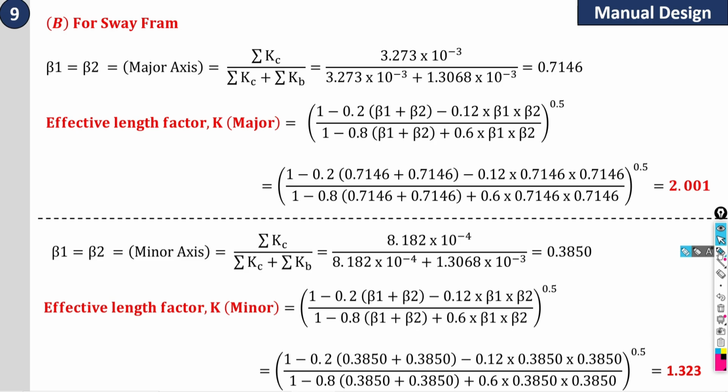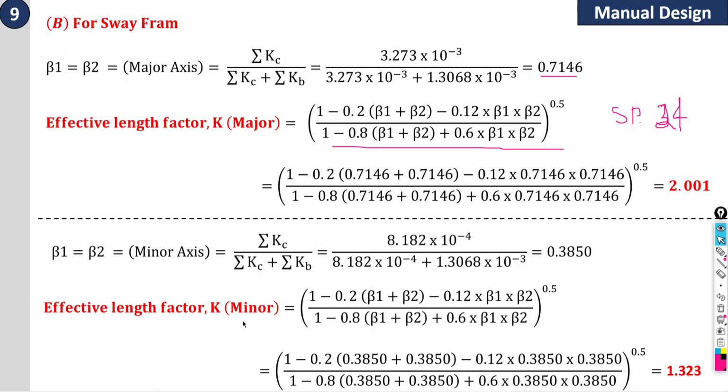Okay, so after doing this calculation, we are getting the value of beta 1 and beta 2 as 0.7146, and for the effective length factor for the sway case, you will find this formula in your SP24. Go to the SP24, you will get all this formula. I am not going to show that. After doing this calculation, we are getting the effective length factor as 2.001.